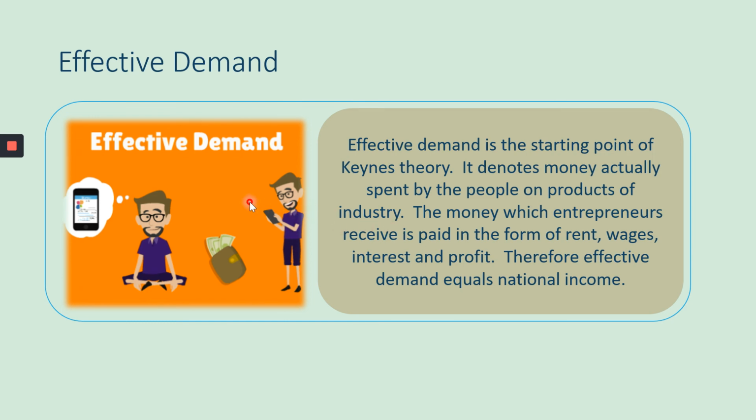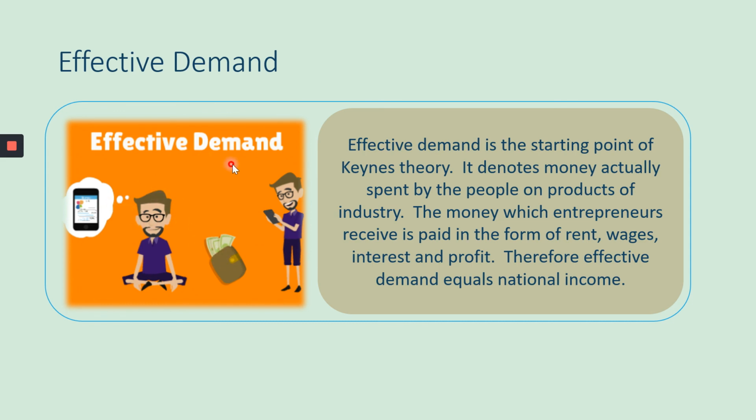So what is effective demand? Effective demand means the consumer is willing to buy, and he is able to buy. He has got the desire to buy, and at the same time, he has got the ability to buy. So this is only called effective demand. There is another term, notional demand. Notional demand means you have the desire, but you do not have the ability to buy.